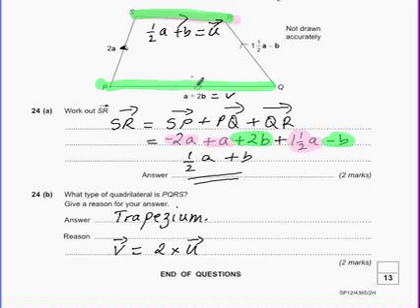For that one, if I look at the B and the 2B here, 2B is twice as big as B, and here I had the half A, and here I've got A now, so that one is twice as big as that one. So I've called this overall vector V, therefore I can say V is 2 times vector U. And this proves that the two lines are parallel, and that's all you need to write.